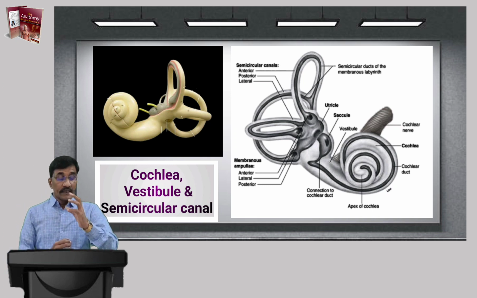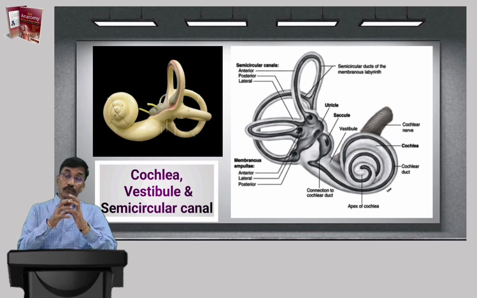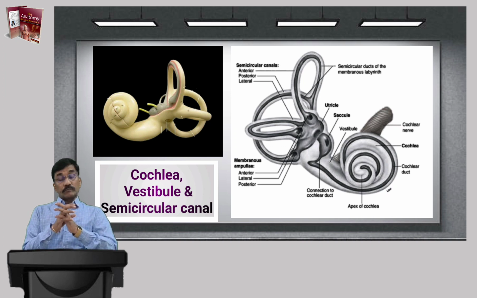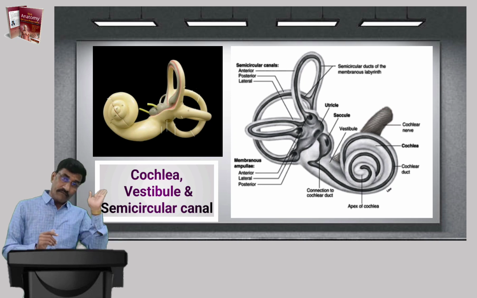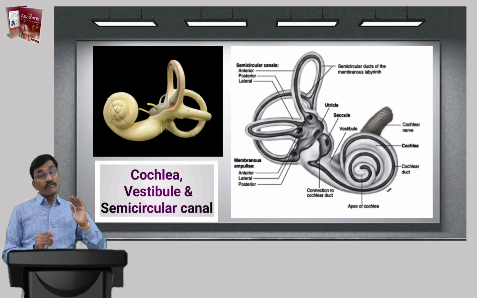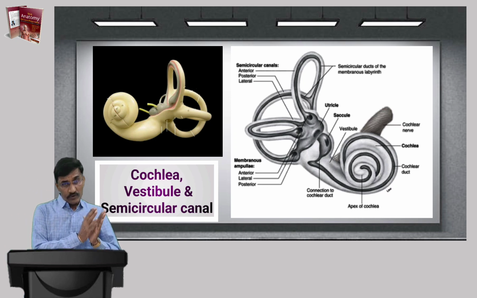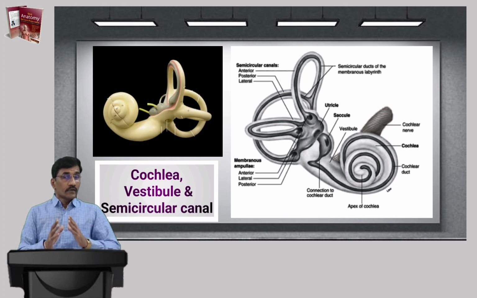This oval window is for the attachment of the footplate of the stapes bone, because the stapes ossicle has an oval shaped footplate which gets embedded in the oval window of the vestibule. And again, the vestibule has its own communication with the semicircular canals, because these two, vestibule and semicircular canals, are made for a different function, and the cochlea is made for a different function.